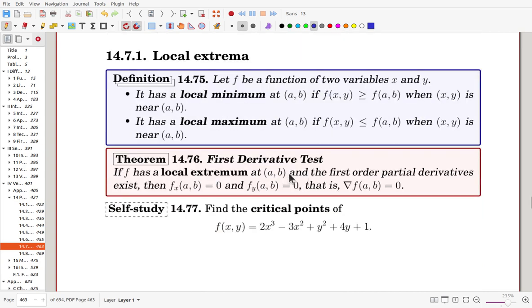Here we define local extrema the same way as for functions of one variable. f is a function of two variables, x and y.